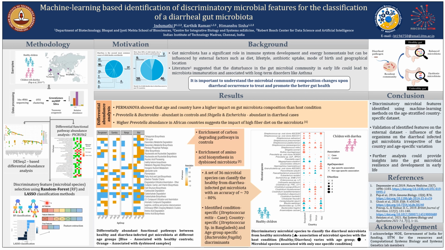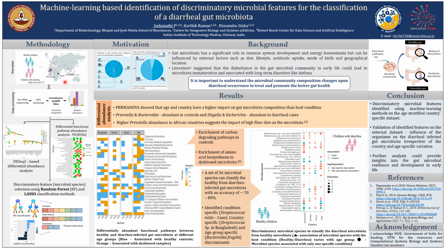Finally, discriminatory features, that is, microbial species which could classify the healthy samples from diarrhea-infected samples, were identified using machine learning methods such as iterative random forest and lasso classification methods. Features with higher importance scores from RF and higher coefficients from lasso were selected, and the commonly identified microbial species were used for the classification.